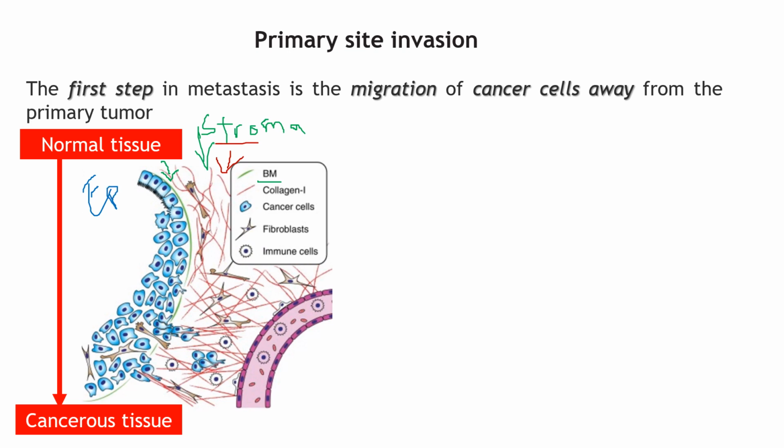The cancerous epithelium, is it more organized or more disorganized? What about the fibroblasts and the immune cells? Generally, you see a fibroblast here, and a fibroblast here. But what about in a cancerous epithelia?